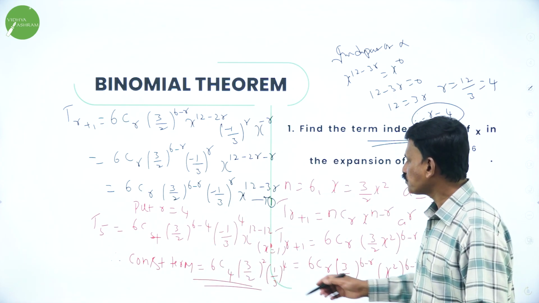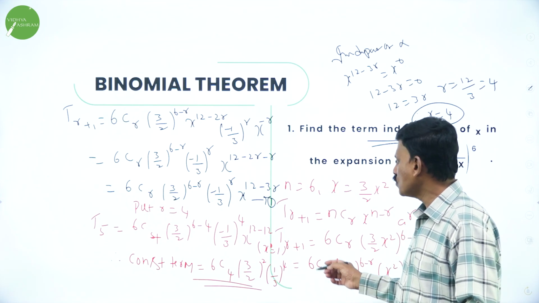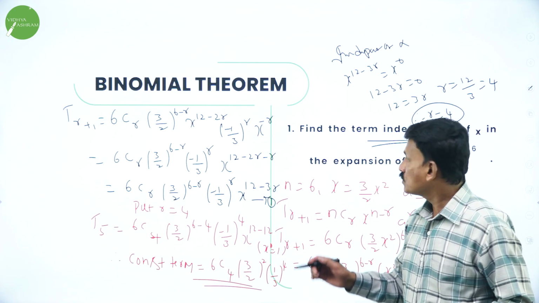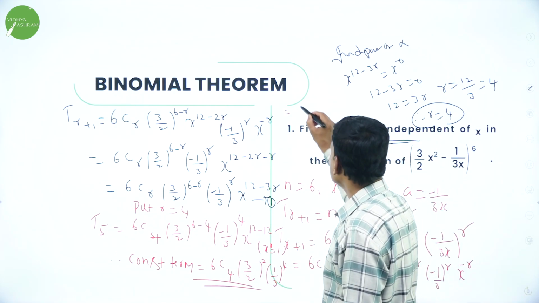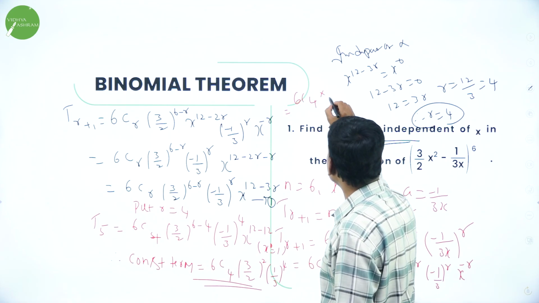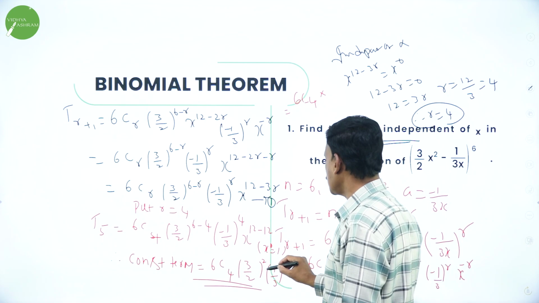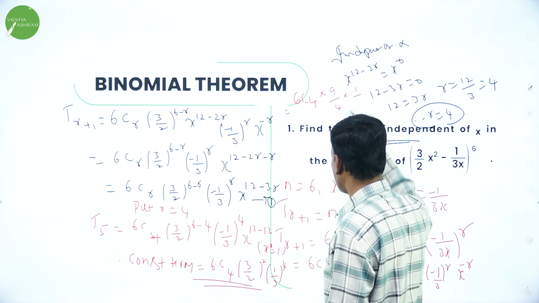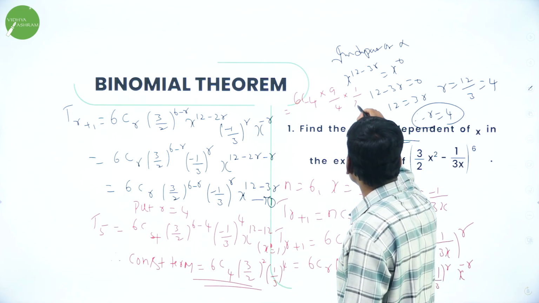That's it. Okay. 6C4 (3/2) whole square into (1/3) whole to the power of 4. So if you simplify this, what is the answer you are going to get? 6C4 into (3/2) whole square: 3 3s are 9, 9 divided by 2 square is 4, into 1 over 3 3s are 9, 9 3s are 27, 3s are 81.